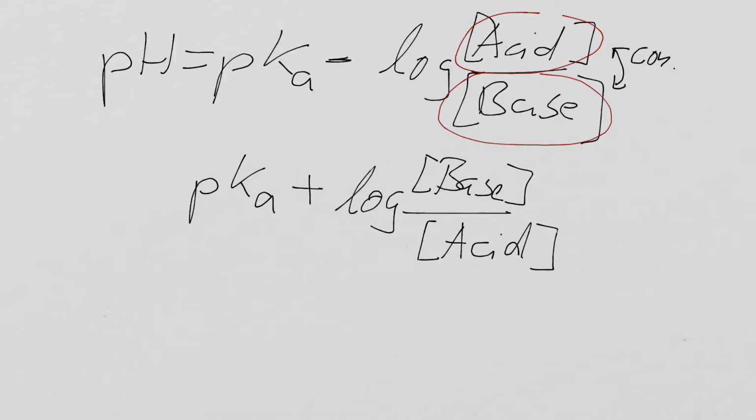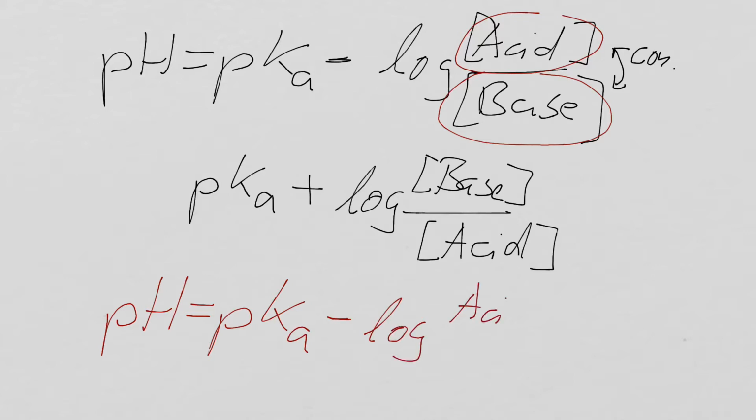So, what does that mean? What does it mean, for example, if we have exactly the same concentration of acid and base? pH equals pKa minus log acid to base.